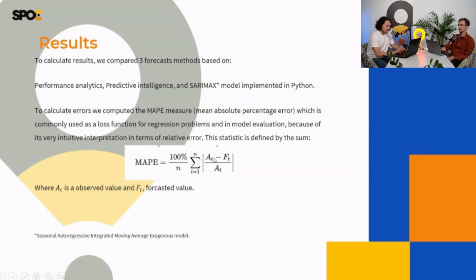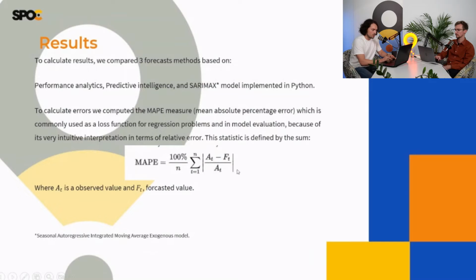It's just a sum of absolute values of differences between forecasts and the real value, divided by, again, the real observed value. It's all divided by the number of observations. It's one of the most commonly used statistics.